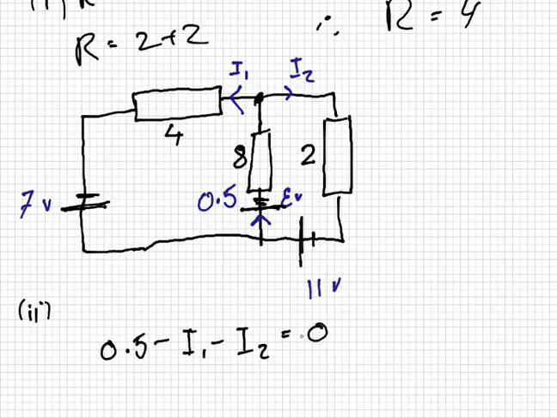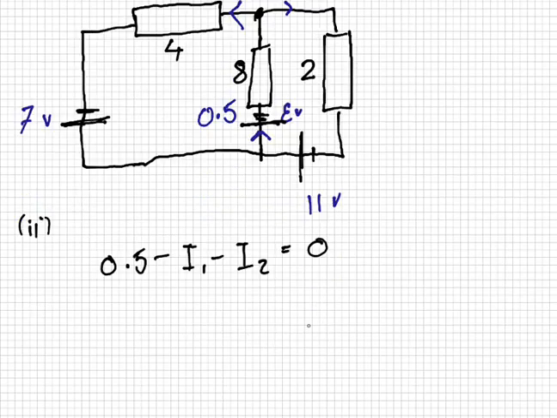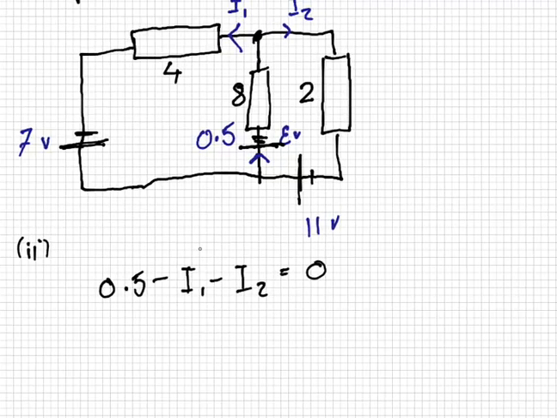I just need 2. So let's take the 2 smallest loops. If I go for this loop first, I have 11 minus E. It's minus here because the battery is against.